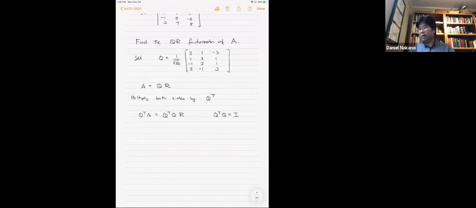So I get a 3 by 3 matrix. Let's just check whether this is right. Q is 4 by 3 here, and the transpose is 3 by 4. The identity matrix here is a 3 by 3 matrix.